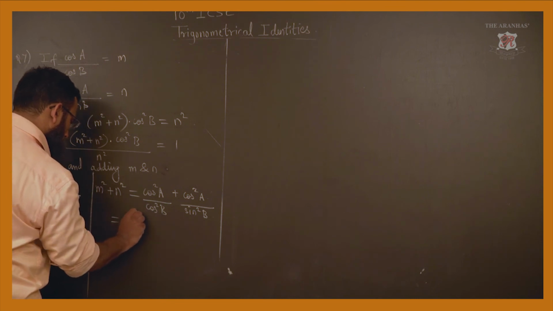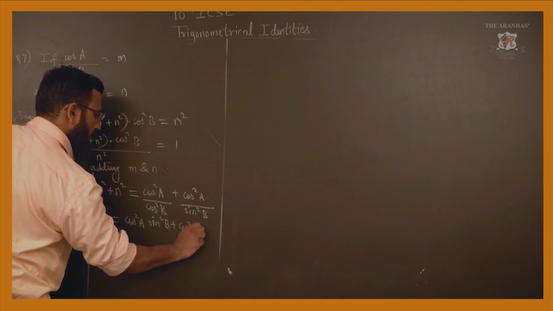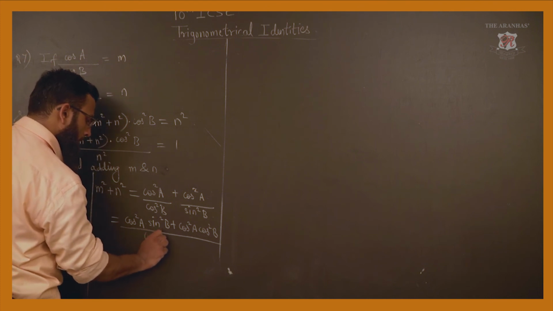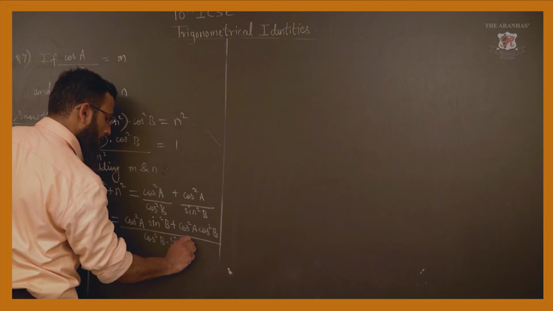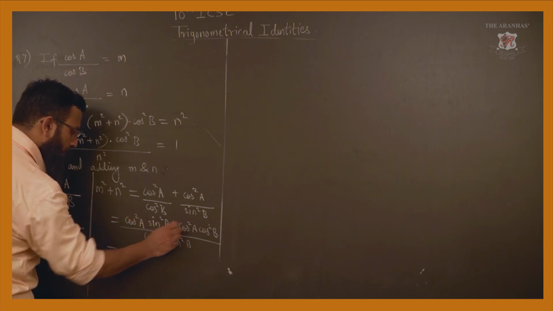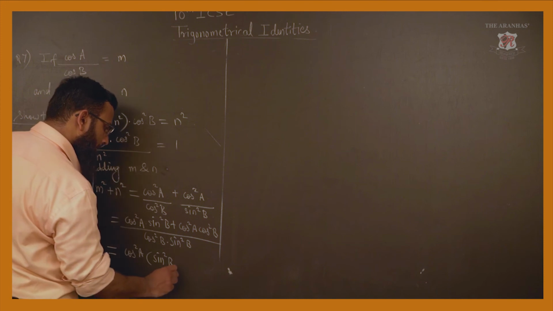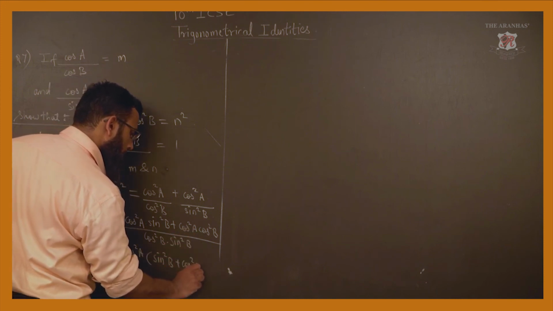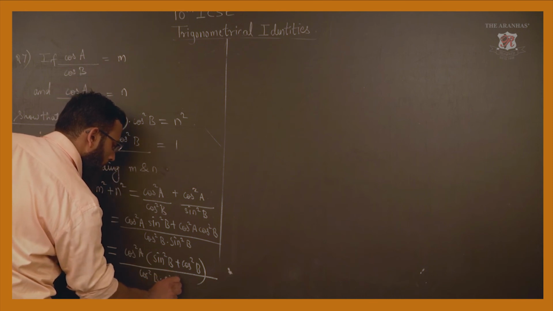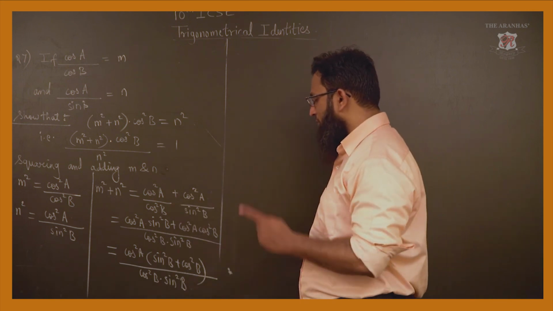It will become cos square A into sin square B plus cos square A into cos square B upon cos square B into sin square B. Look at the numerator, take cos square A common, and it will become sin square B plus cos square B upon cos square B into sin square B. Again I am using the identity: the bracket term is 1, sin square B plus cos square B is 1.